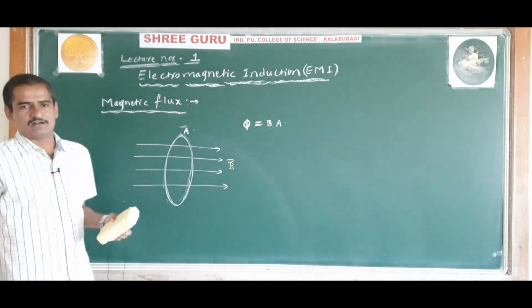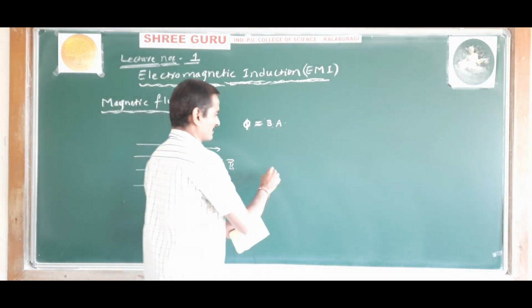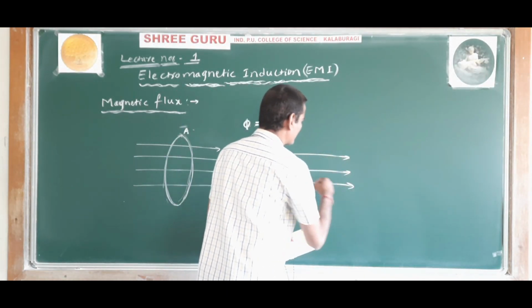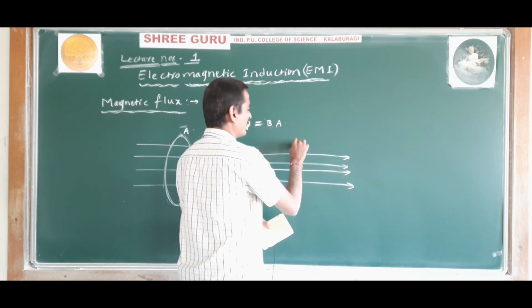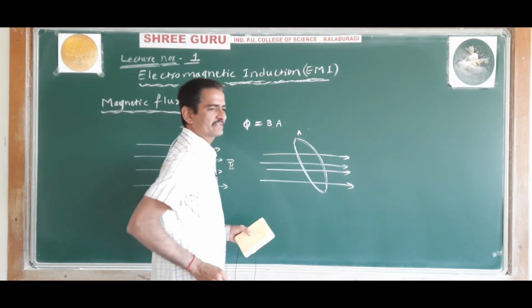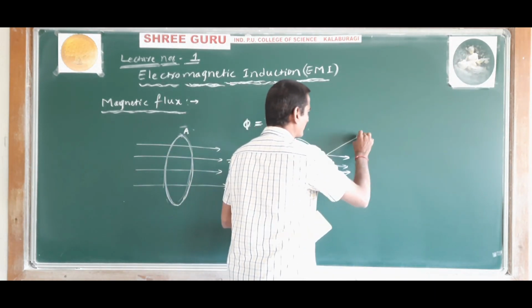That is, if the magnetic field is not perpendicular, let us consider that this is a uniform magnetic field, and the area is like this. Then we need the component of the magnetic field perpendicular to the area.